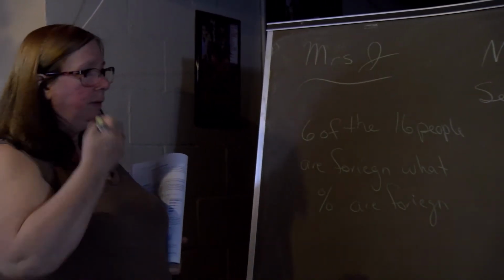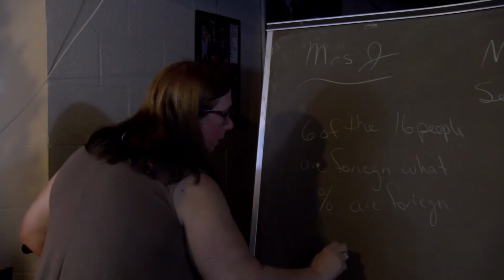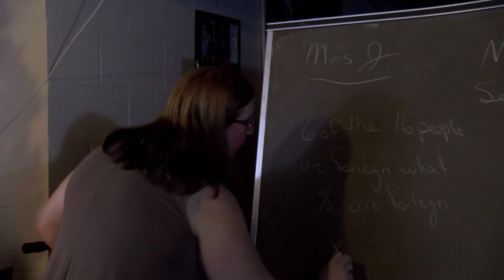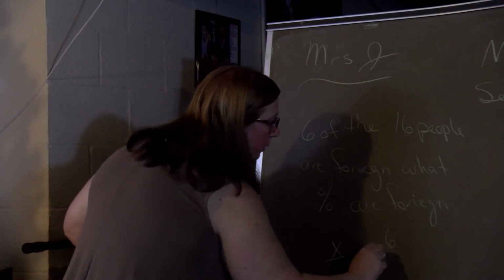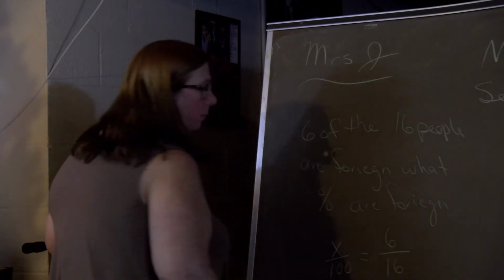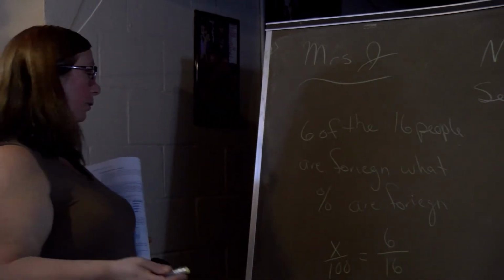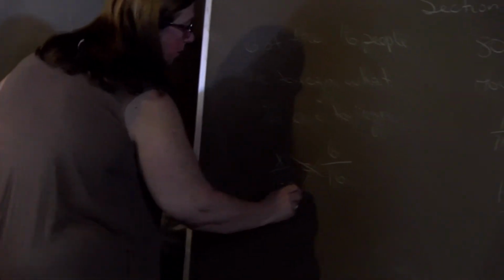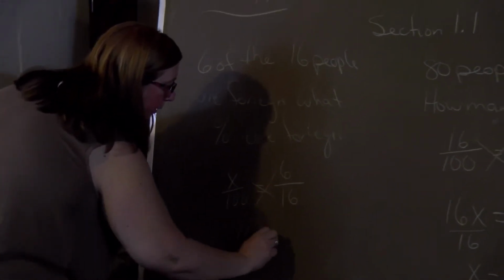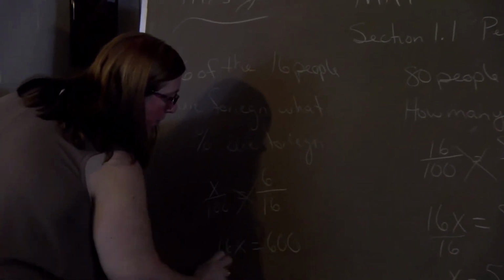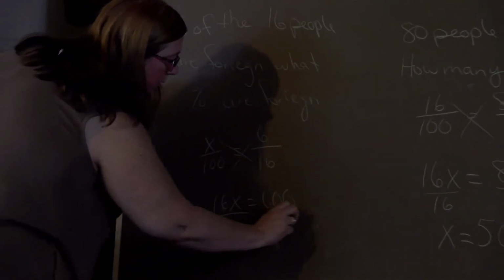So in this case, we're looking for the percent. So we have x over 100 equals the part, 6 out of the 16. Now, still do the same thing, cross multiply. 16x equals 600, and then divide by the 16.